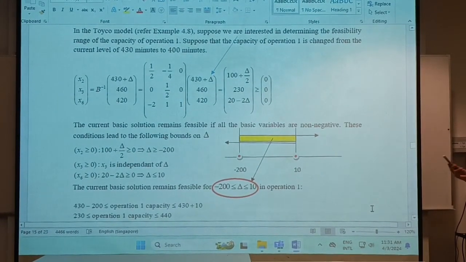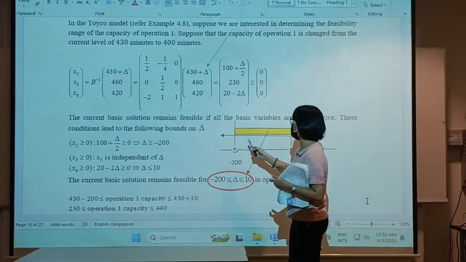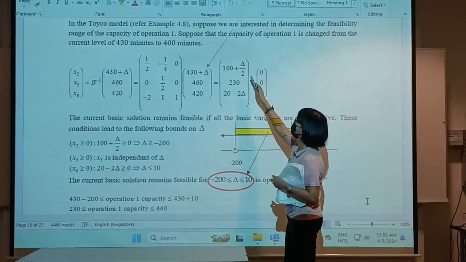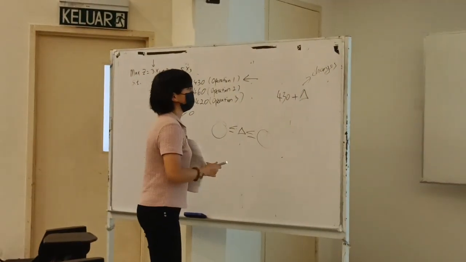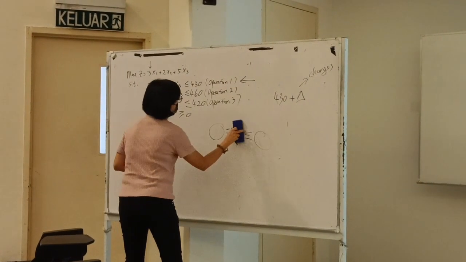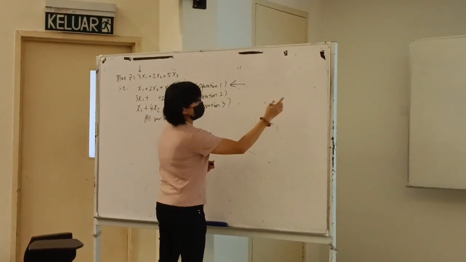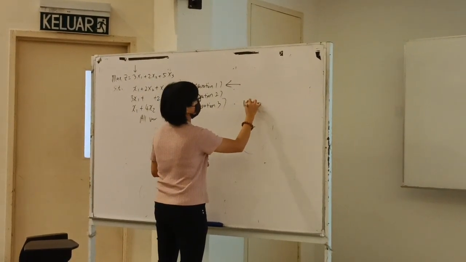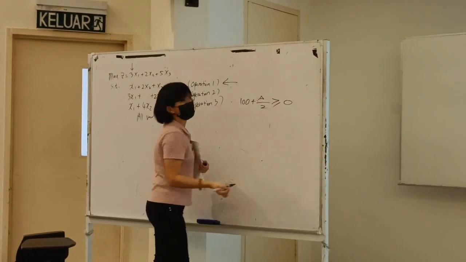Then, what is the next step? Our next step is to find the intersection area for this triangle. We focus on the first one first: 100 plus triangle over 2 greater than or equal to 0.